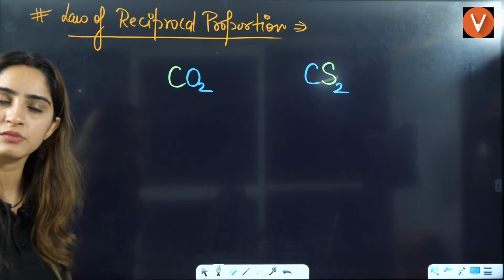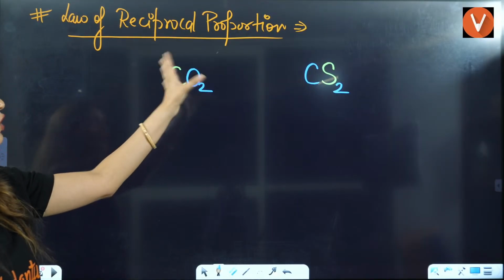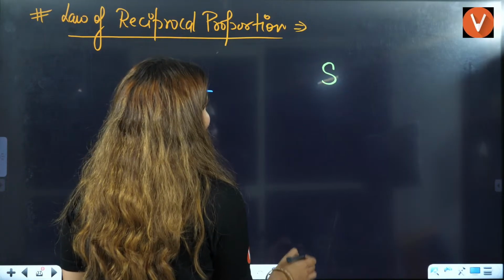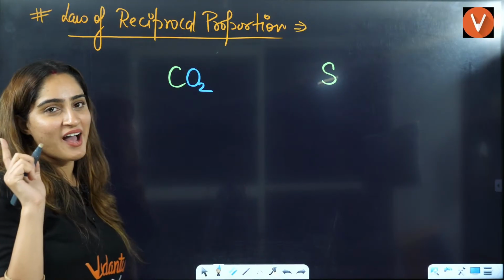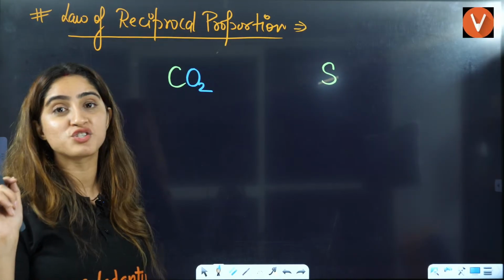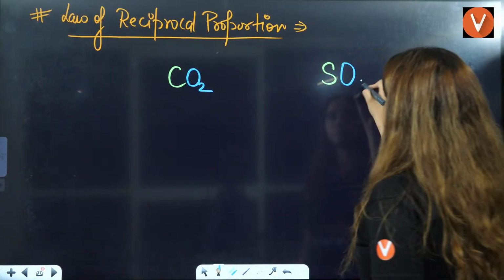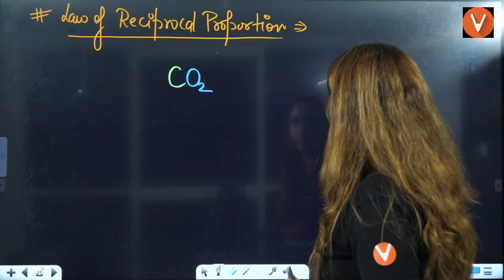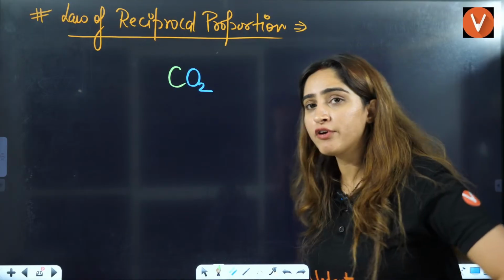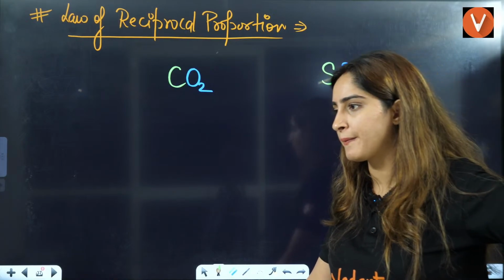Carbon with sulfur is CS2, carbon with oxygen is CO2. Arey, no. This is wrong, right? I made oxygen constant, so I have to take oxygen only here. So I'll take SO2 here.